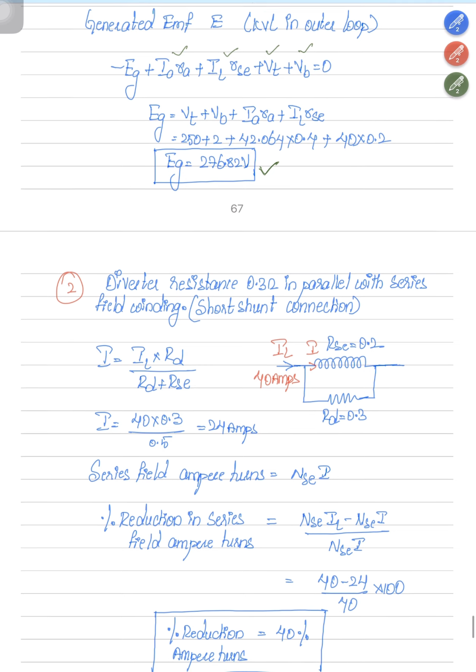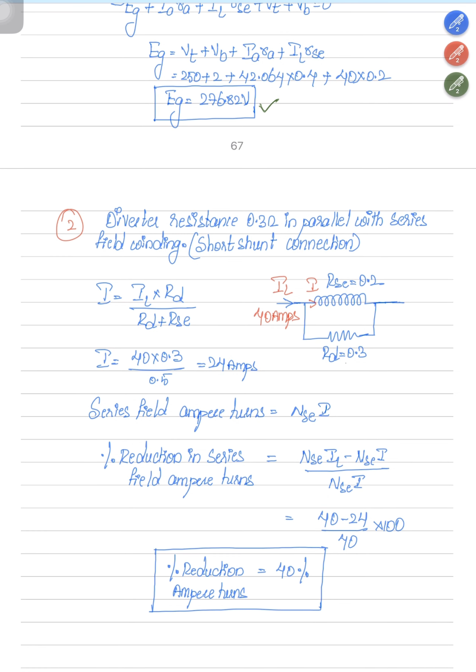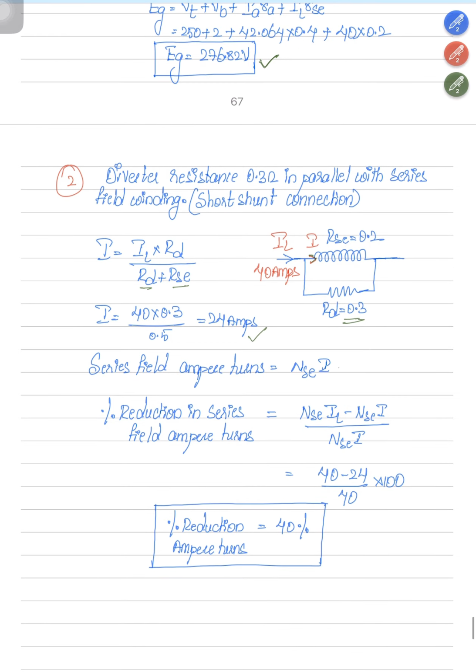Now, in the short shunt connection, we are placing a diverter resistance of 0.3 ohm. As we already discussed earlier, the current flowing through the series field winding is the load current. After placing the diverter resistance, we assume some current I is flowing through the series field winding. I is calculated by the current division rule: I equals IL into RD by RD plus RSC, where RD is the diverter resistance and RSC is the series field winding resistance. By this, the current flowing through the series field winding is 24 amps. Series field winding ampere turns is number of turns into current.